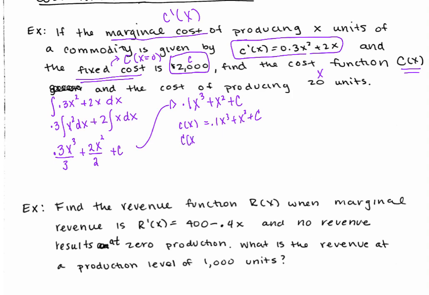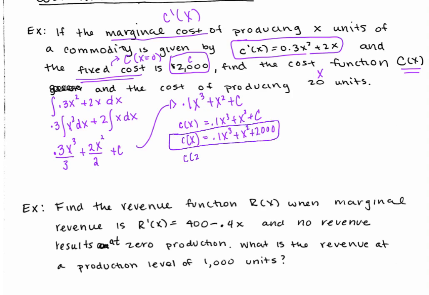So I can replace c with 2,000: 0.1 x cubed plus x squared plus 2,000. Let me fix this c to look more like a c and not c prime. And so this right here is our cost function.